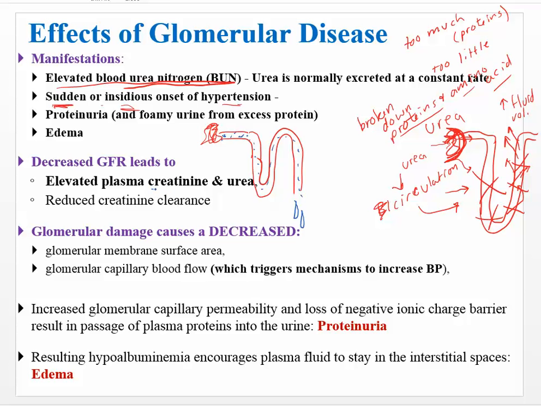So creatinine is another one of these molecules that's made primarily in the muscles as a breakdown product of creatine, which is a way for the muscles to get energy. It's something that holds on to ATP.